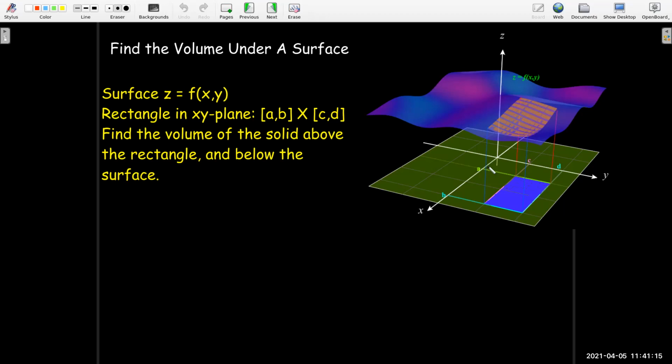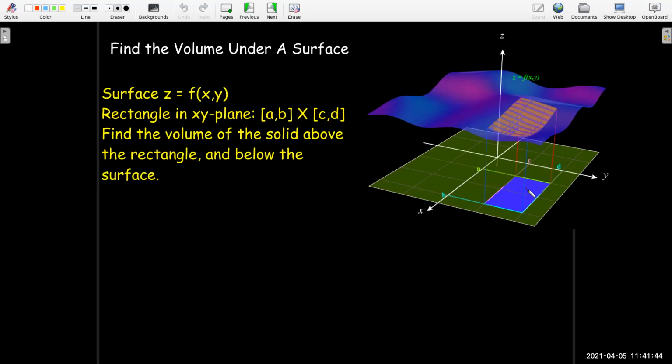So we have an interval on the x-axis, a comma b, and then we have an interval on the y-axis, c comma d, and that rectangle is our base, and we're trying to calculate the volume above that, between that rectangle and the surface above it.